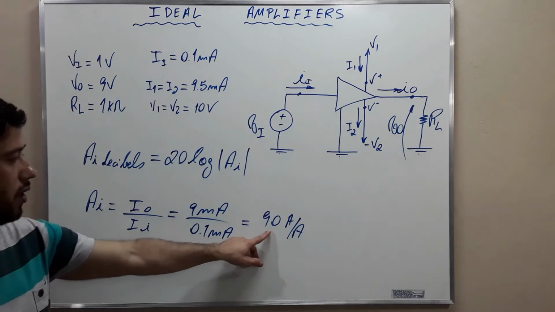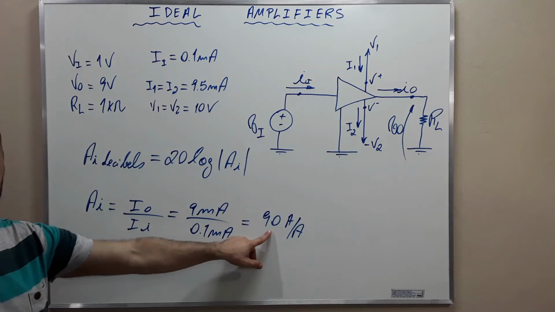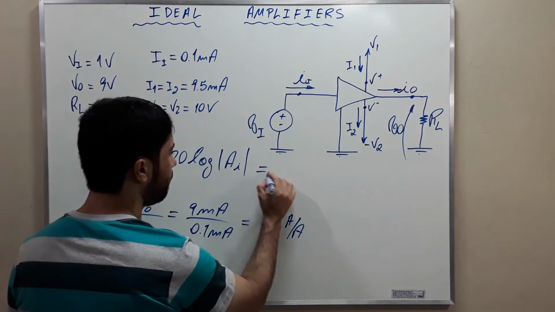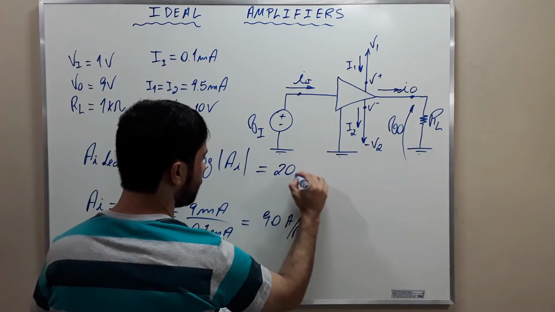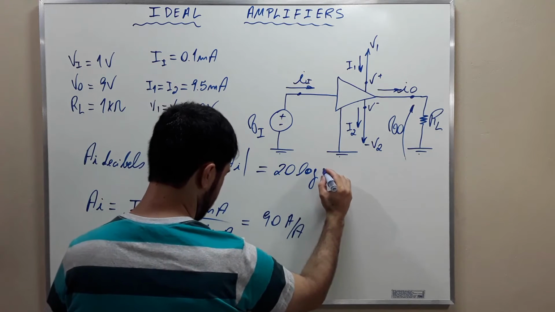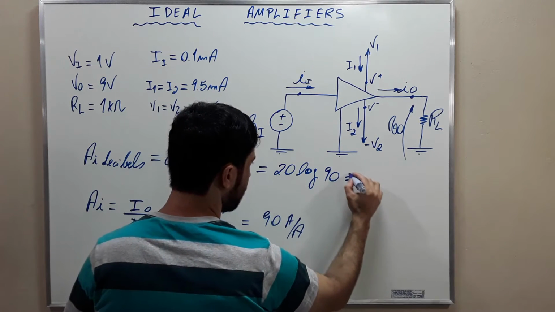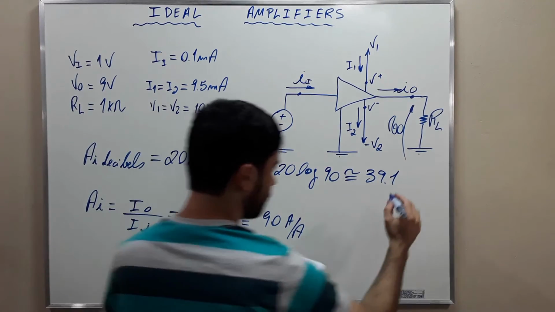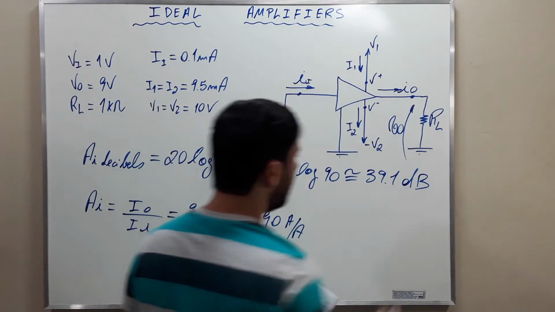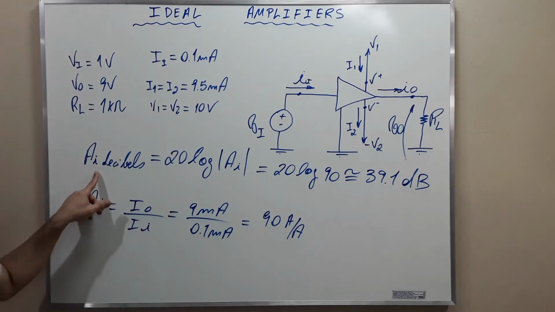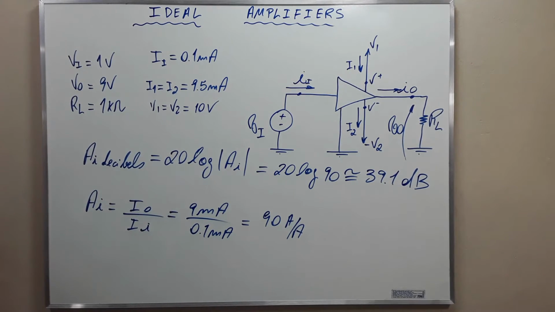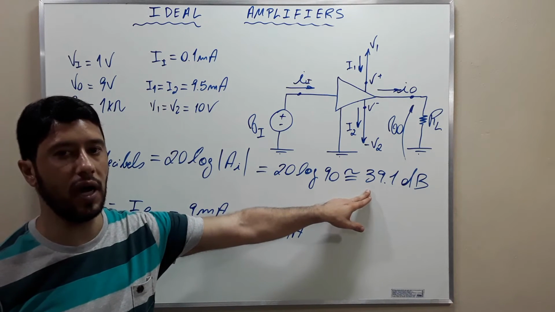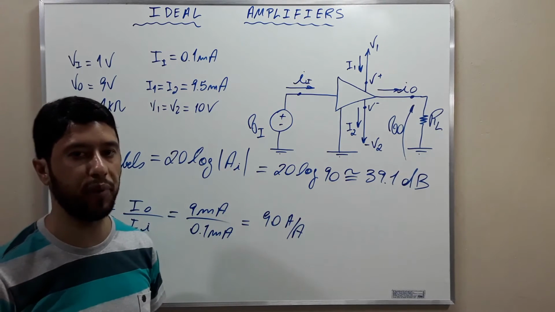We found the current gain to be 90 amperes per ampere. We just substitute, and then we find that the current gain expressed in decibels to be 39.1 decibels.